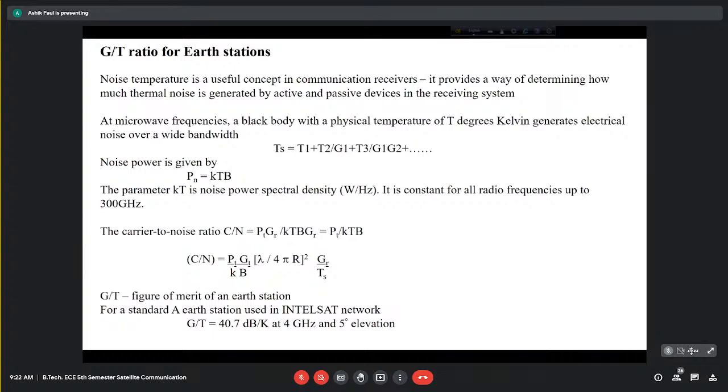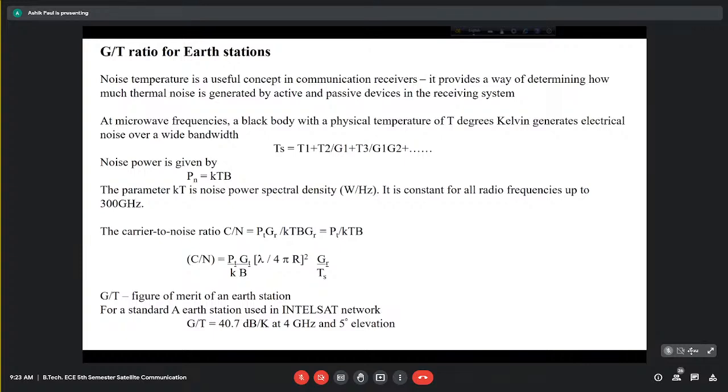So in a superheterodyne receiver, we could also distinguish the entire receiver into two broad subsections. One is the linear one, where the signal maintains a linearity between the input and the output, and the latter half of the receiver where the signal does not maintain a linear relation between the output and the input.